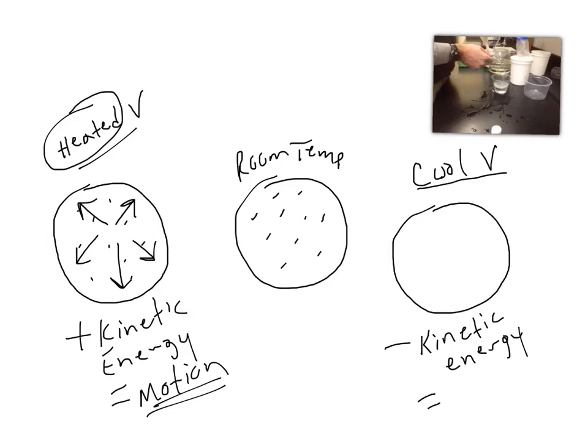So what that means is you have less motion. So all those 10 particles, 1, 2, 3, 4, 5, 6, 7, 8, 9, 10, there's still 10 particles. They haven't shrunk in size. They haven't disappeared. They're moving at a slower speed.